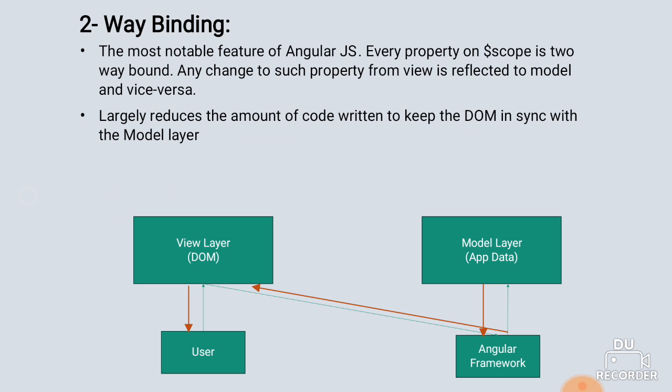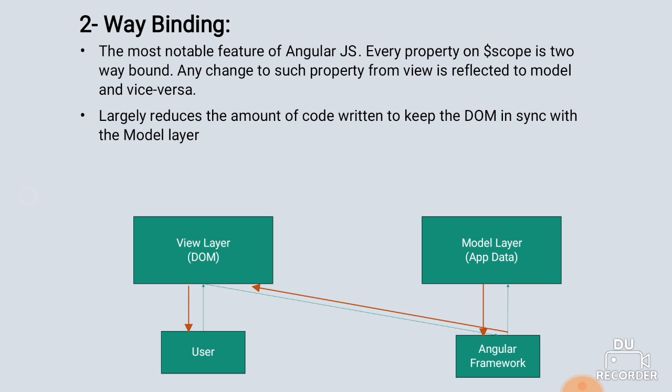Moving ahead, we'll see what two-way binding is. By two-way binding, we mean that anything that is on screen is in direct touch with its model, or its JavaScript part in the model layer. For example, if you have a binding done on the screen, any object or any data from any variable is bound to the screen. As and when you change the property on the model side or on the JavaScript side, the data should change on the screen also.